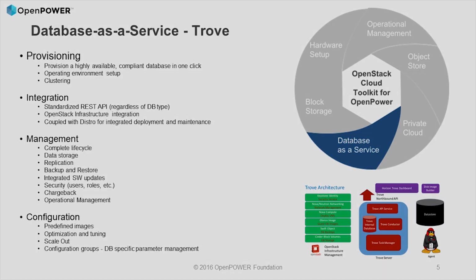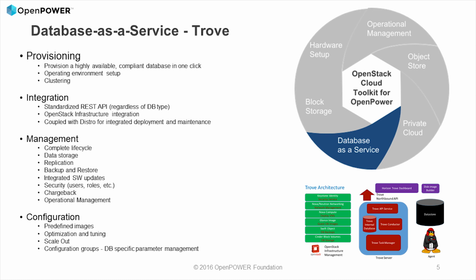Okay, another really exciting topic in the open world is database as a service. So the database as a service project in OpenStack is called Trove, and that is what our toolkit sets up. And there's a long laundry list of the benefits that it provides.